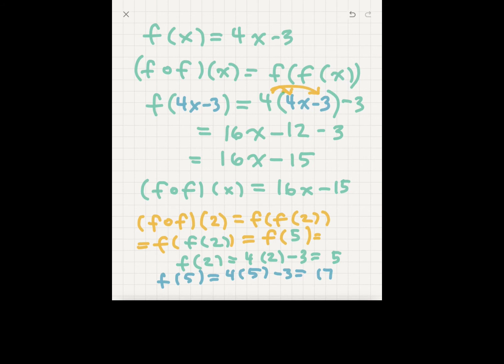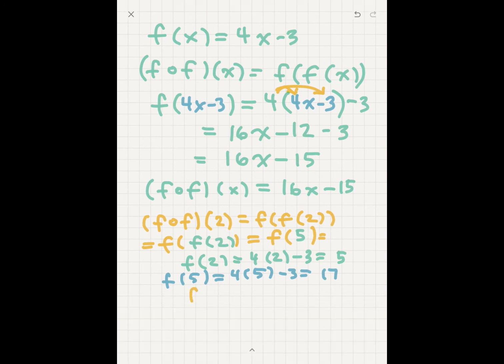So what I found going that direction is I found that f of f of 2 is 17.